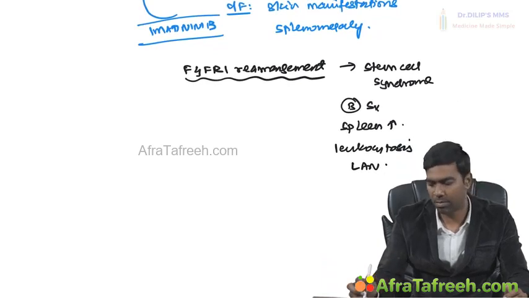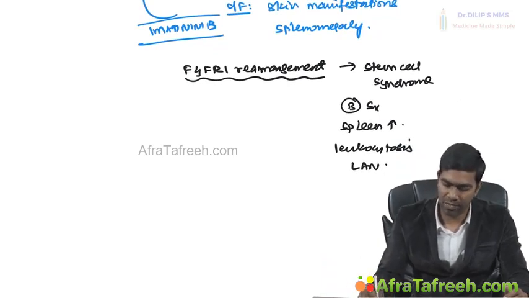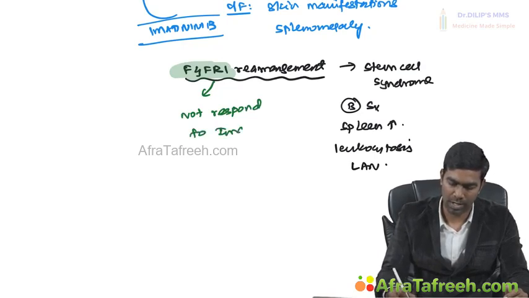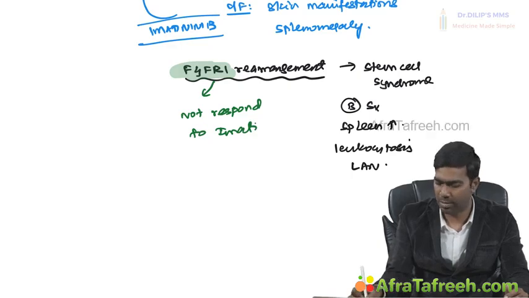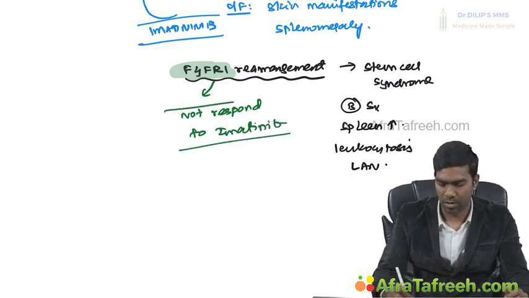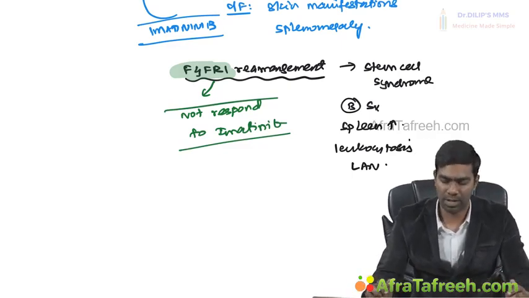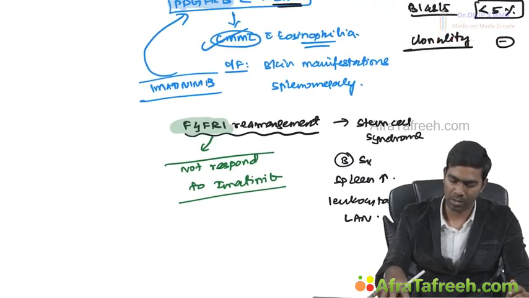That comes under the B symptoms. And this FGFR1 rearrangement will not respond to imatinib. Only hematopoietic stem cell transplant can be done. Clear? Only hematopoietic stem cell transplant can be done.